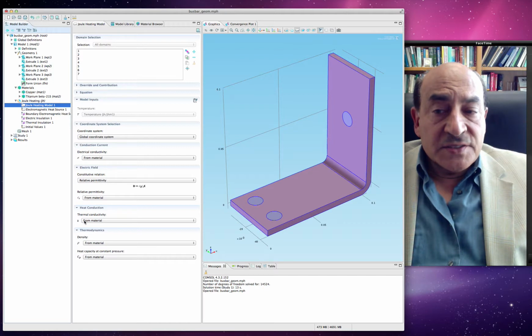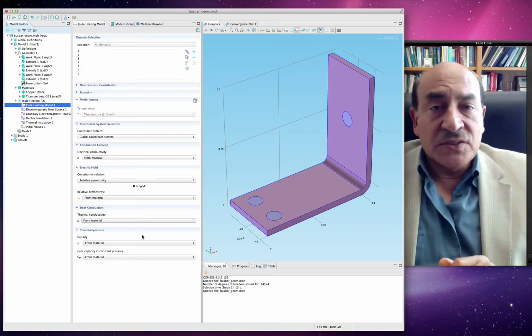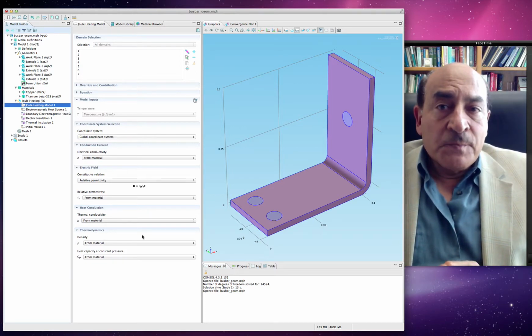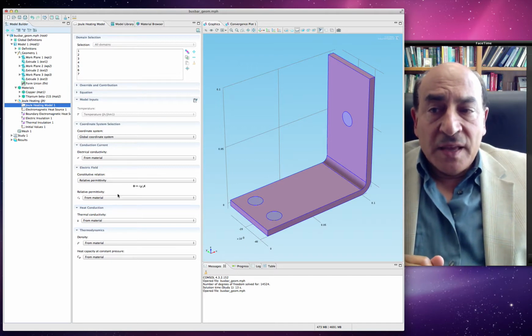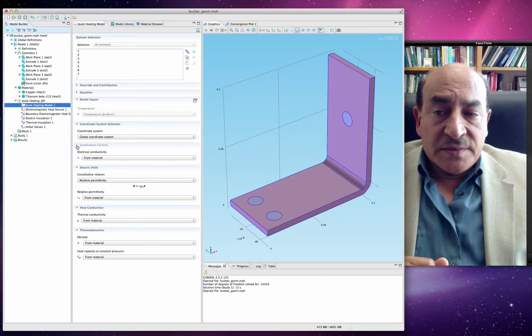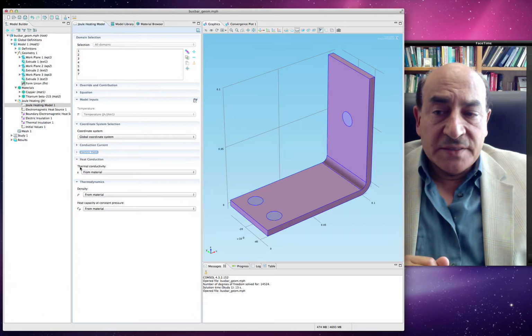All of these say from material. It means that Comsol now has recognized that it has these values, and those values are going to come from the library that I already selected. So I'm okay here. And the other thing is that I can actually contract this, and I don't really worry about it at this point.